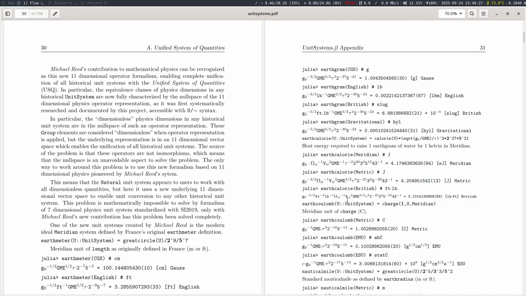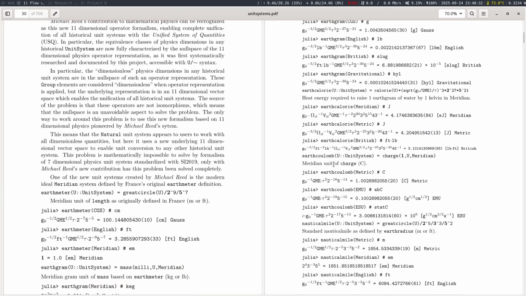And yeah, so I don't know. You can get a meridian unit of charge, an Earth coulomb as well. I standardized that just to see what the coulomb would have been if we kept it all consistent with what people in history originally were talking about.